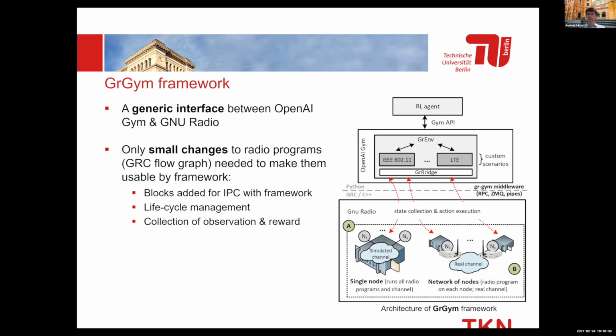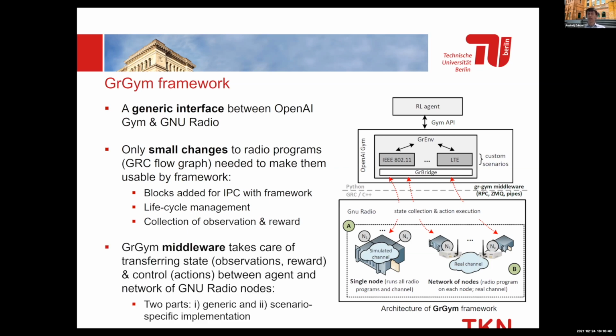This is needed for lifecycle management, but also for the collection of observation data, reward data, and also the execution of actions. And the GrGym middleware, which is not visible for the user, is responsible for all the nasty things like the transfer and marshalling of the state from the agent to the GNU Radio and back. So you don't see it.